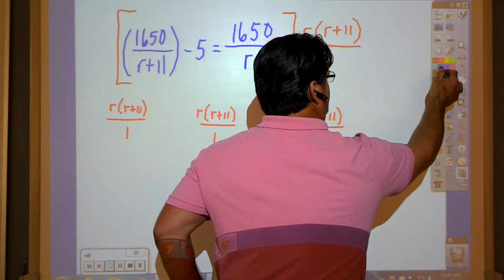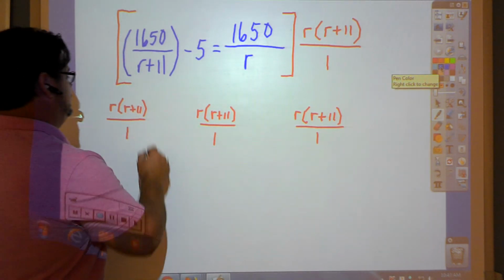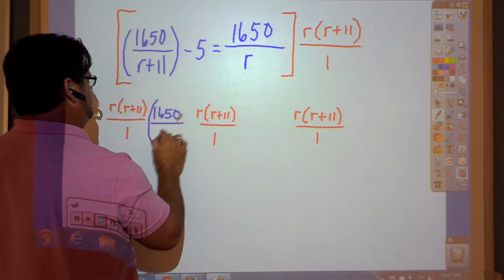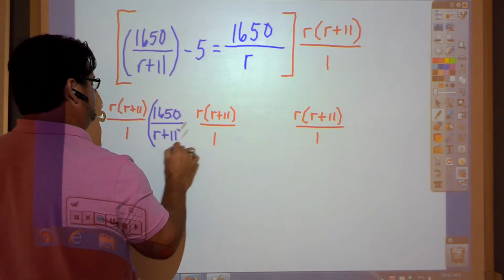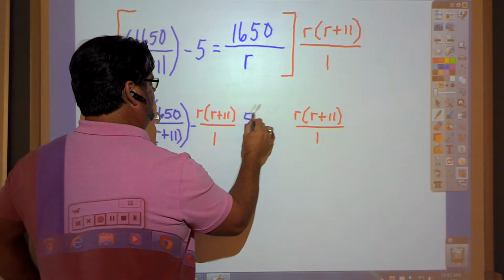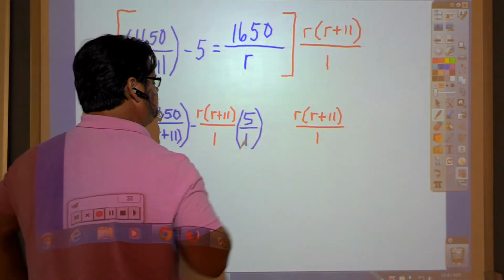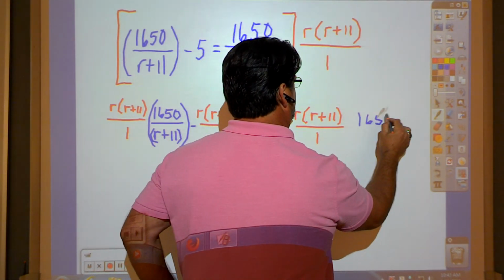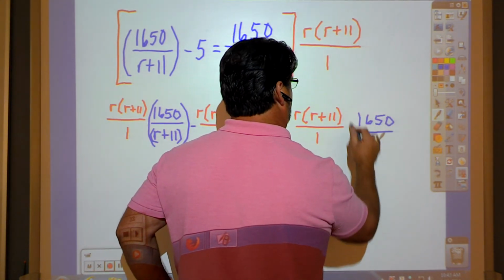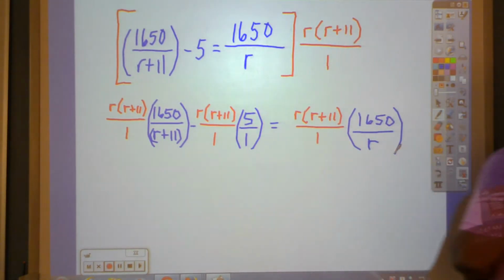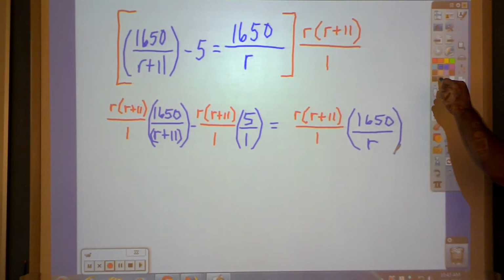And I'm going to multiply 1650 over R plus 11 minus 5 over 1 is equal to 1650 over R. And let's see what happens.